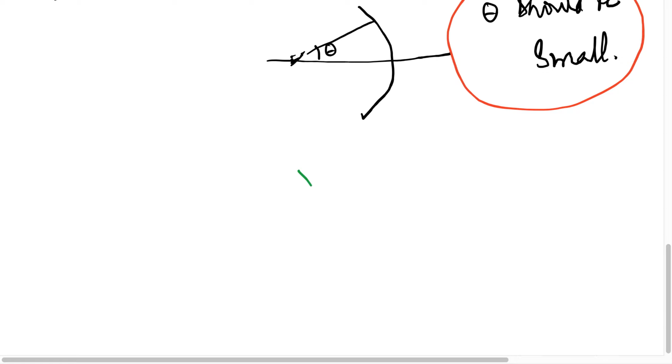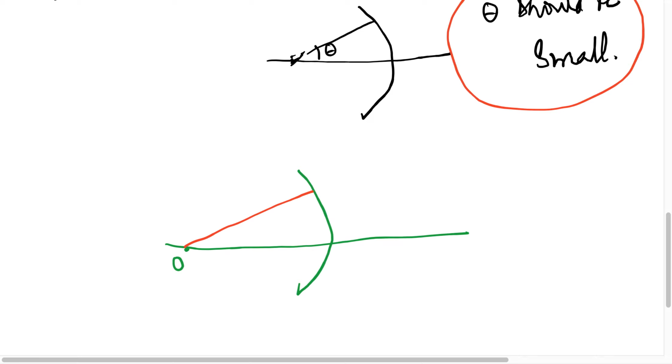Now, given a concave mirror, suppose this is the principal axis, and if you put the object here, a ray will emanate from the object and go to the mirror, and it gets reflected.